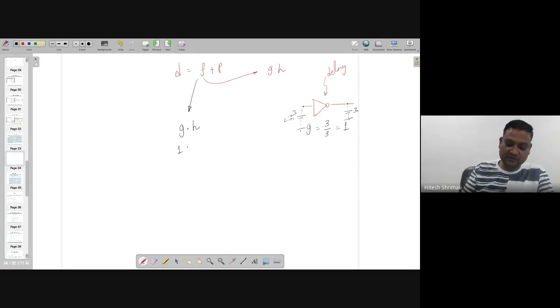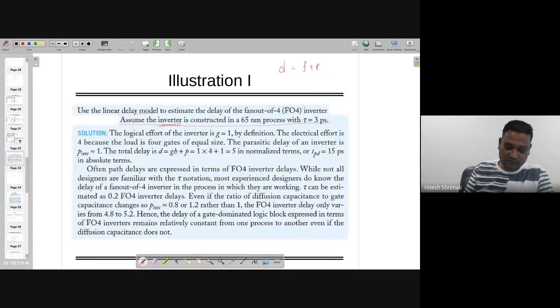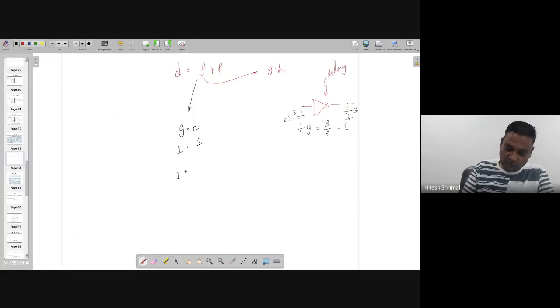So this is also 1, right? So it's 1 times 1 plus P, which is equal to 1. So this is the delay of a normal inverter. One inverter is going to give you a delay of 2.